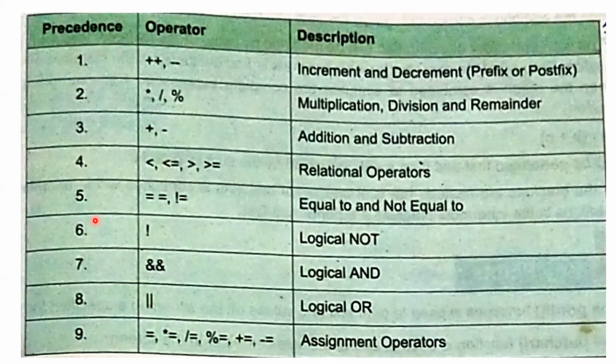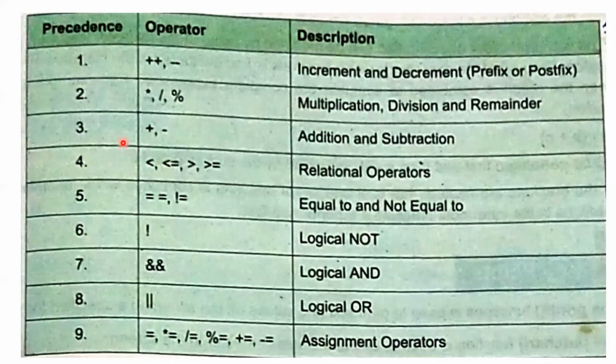Look at the table: precedence numbers and operators. First, increment or decrement operators, in which we have already learned the prefix and postfix. Second one is mathematical operations, in which first we will multiply, divide and take remainders.